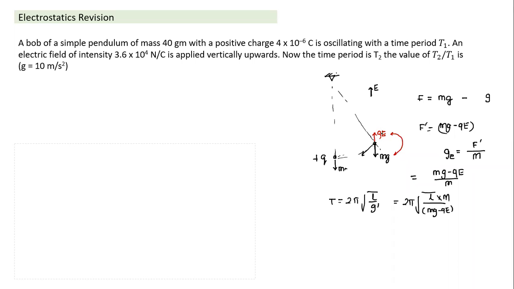And if somebody is interested, what happens if QE is equal to 2 mg? Can anyone tell me what will be the new time period? The answer is very simple.